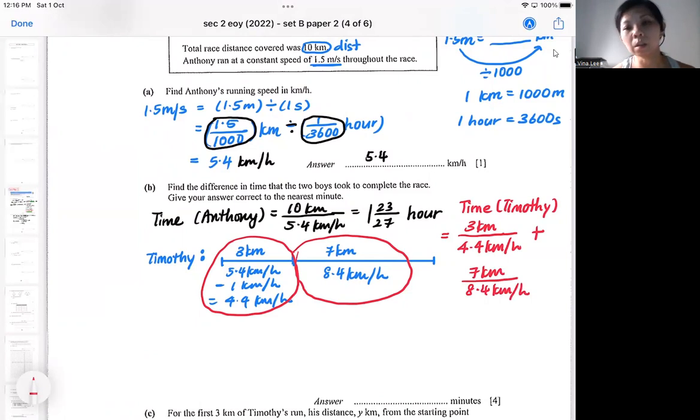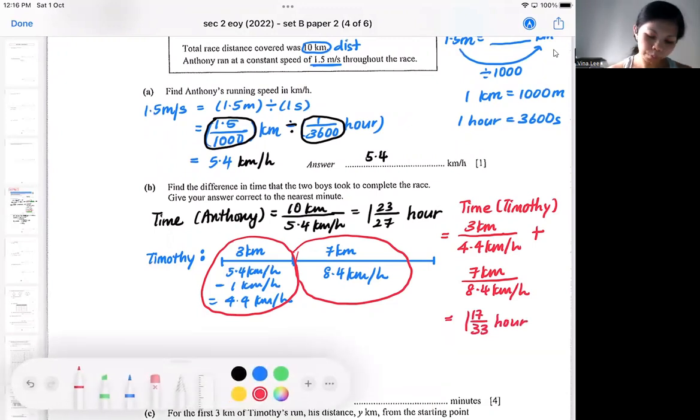So in the first part he's slower, then he bucks up on the second part. So you will have a nice fraction, and your fraction should be in hours.